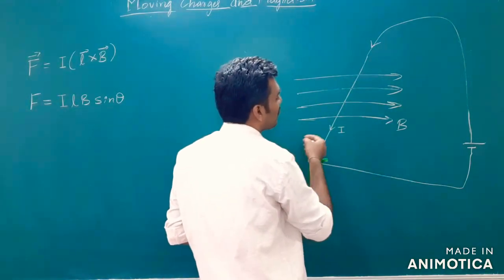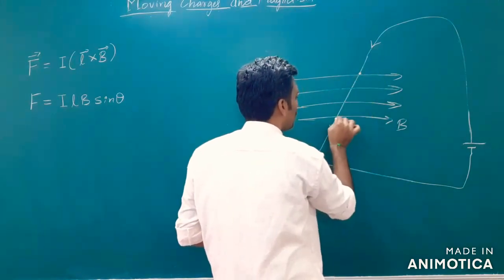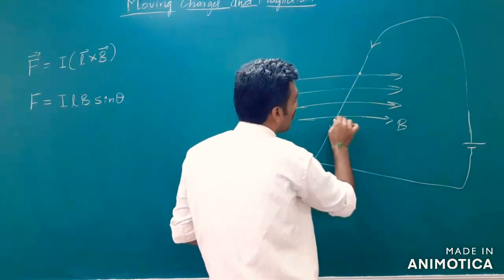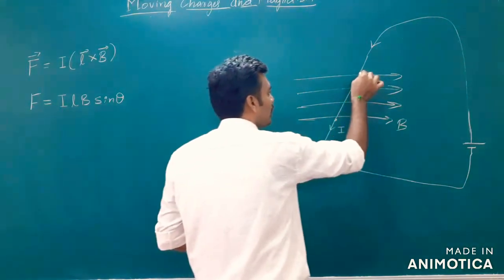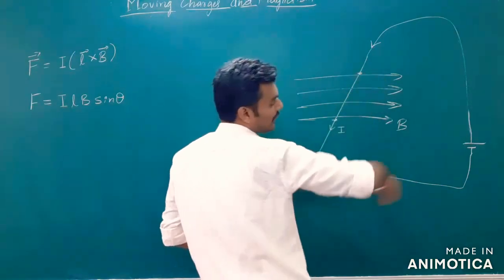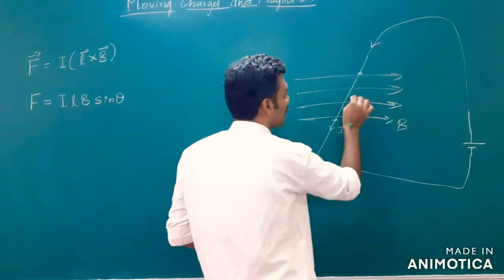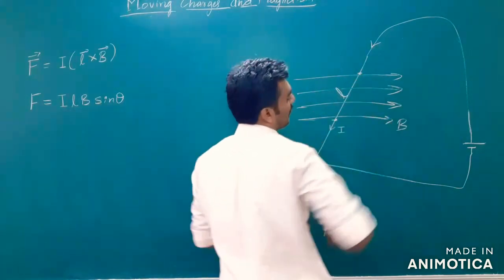But what is L? L is the length or length element of the entire conductor on which we have applied external magnetic field, which means the magnetic field is applied from this part to this part of the entire conductor, right? So, this is L. This length from here to here is L, okay?